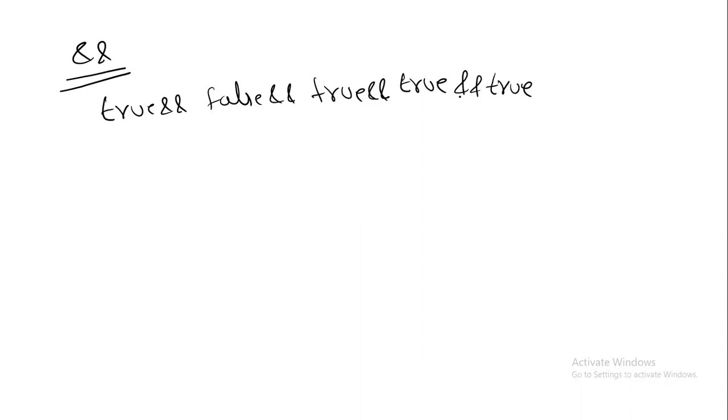So all of you said the answer is false, right? Why? Because in the AND operator, even if one condition is false, your output will be false. Agree or not, everyone? Yes, sir. So you guys thought logically. The compiler also thinks logically.